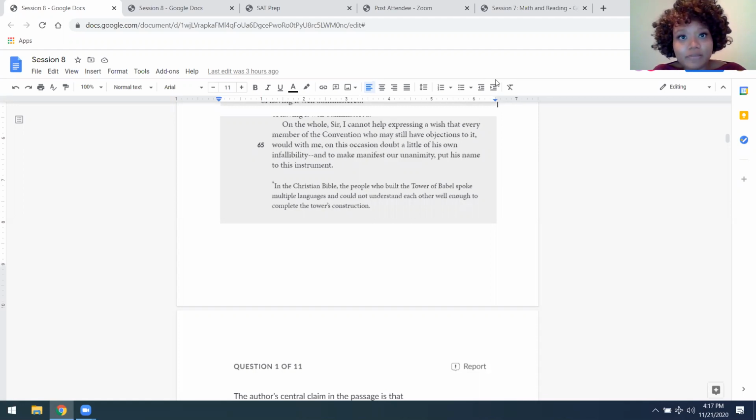That won't always help you completely, but here it says, I cannot help expressing a wish that every member of the convention who may still have objections to it would with me on this occasion doubt a little of his own infallibility. His own infallibility. Infallible, do y'all know what infallible means?